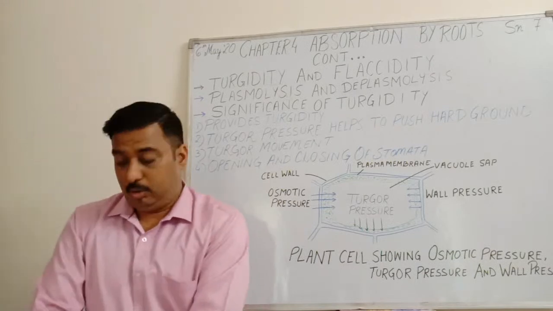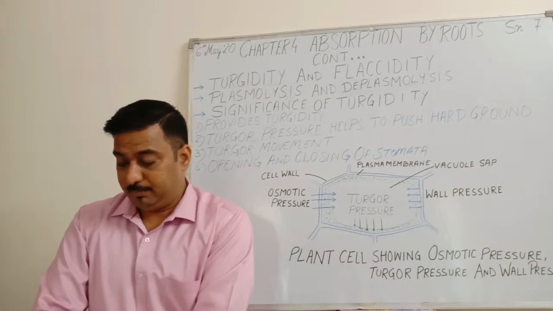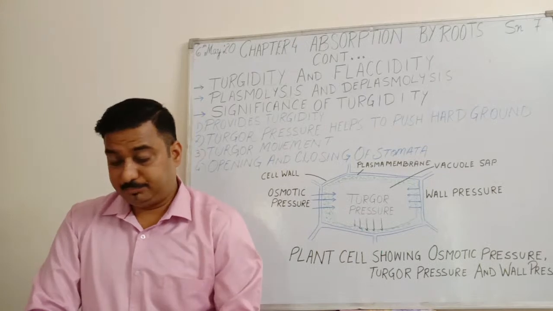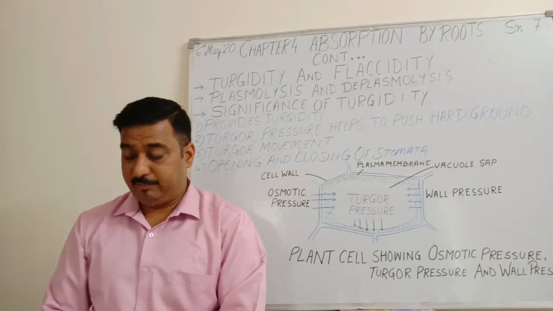Turgor pressure or turgidity in root cells builds up the root pressure. For this, we can take a well-watered plant. We can understand this with the help of an experiment.